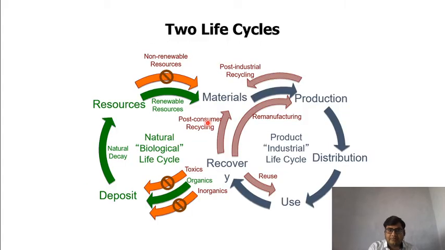Okay. First of all, let us understand these two life cycles. One is the industrial life cycle. There is production, there is distribution, we use it, we recover some materials, and then we throw it away. Mostly till now, companies were only considering these factors, because 50 or 100 years ago, the environment was not so polluted.